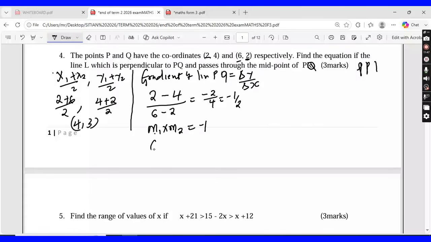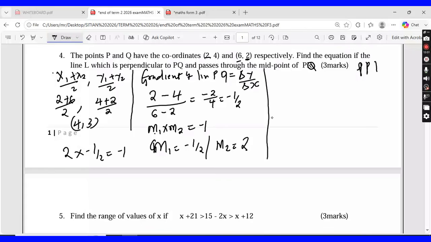So if M1 is equal to negative a half, then automatically M2 is equal to 2, so that when you multiply 2 times negative a half, the answer is negative 1. So the gradient of the other line which is perpendicular to PQ is M2, which is 2.